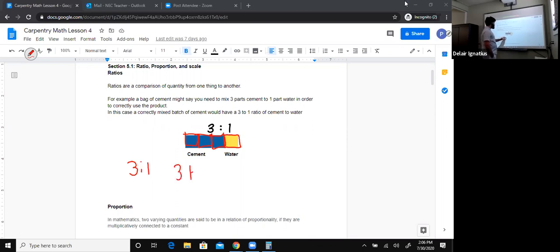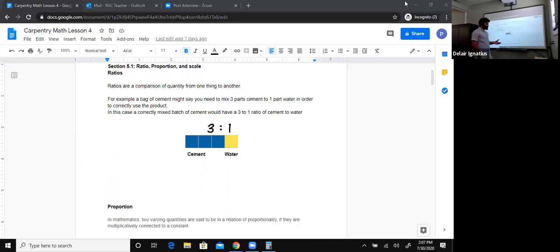Sometimes it'll be written 3 as a word to 1. And then sometimes you'll get a 1/3 ratio. They'll say there's 1/3 the amount of water as cement, but that gets a little confusing. We're going to stick primarily to these two ways of writing. Some others might come up as we go, and I'll make sure to point those out if they do.